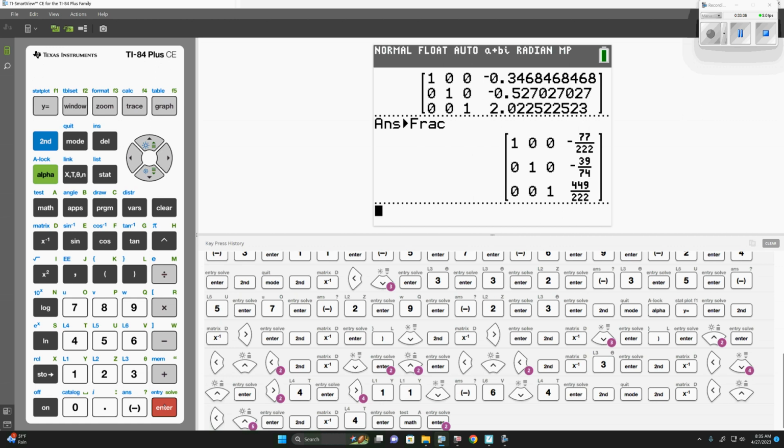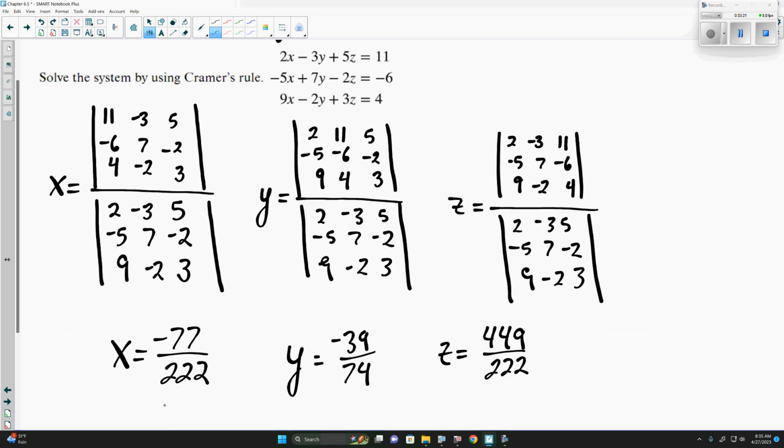Now the nice thing with the homework for this here, it's not going to ask you to find all 3 for the 3 variable systems. It's going to ask you to find 1. So instead of finding x, y, and z, it's going to ask you to find, say, y. And you'll break it down. And most likely it's going to have you do this setup here.